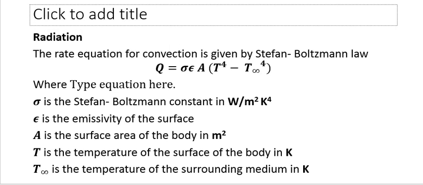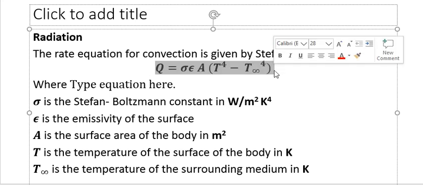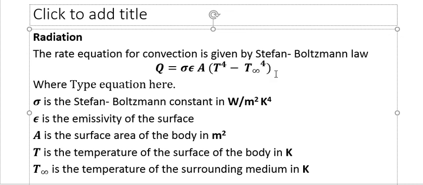At the same time, the rate equation for radiation is given as Q is equal to sigma epsilon A into T to the power 4 minus T infinity to the power 4. Here T is again the surface temperature of the body and T infinity is the temperature of the surrounding.